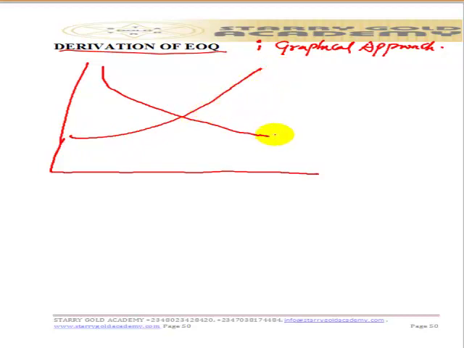And from our explanation, we said the economic order quantity is achieved where the ordering cost and carrying cost of a company equate. So at this point, this is the equilibrium position. So at this point, the point A is the equilibrium position.